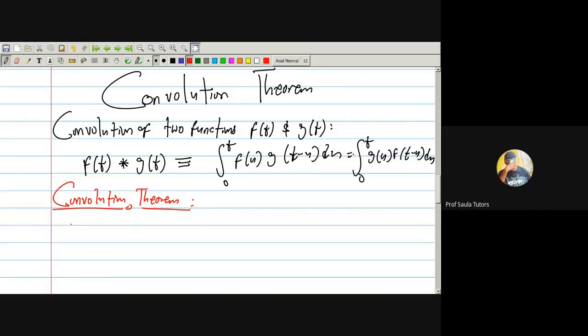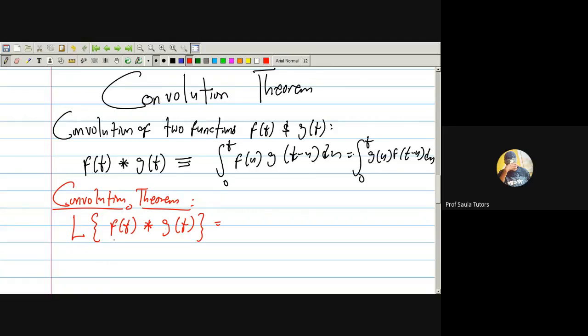Now, if you have the Laplace transform of the convolution of two functions, now check. What will it give you? You see, the Laplace transform of the convolution of two functions is equal to the product of the Laplace transform of the two functions. What am I saying? Check.